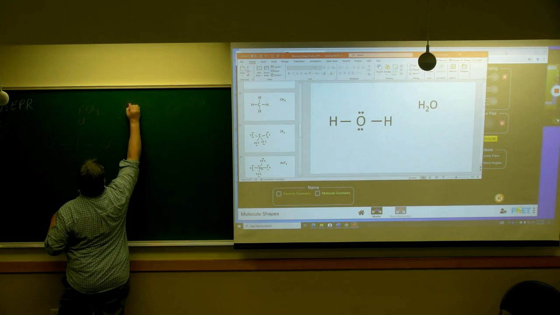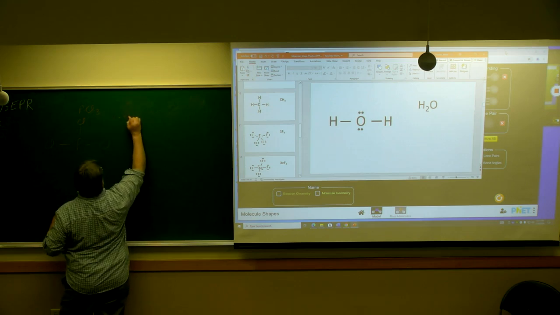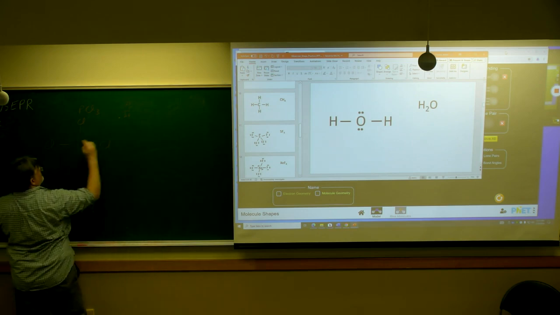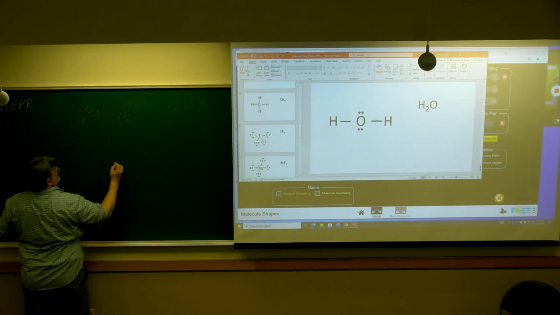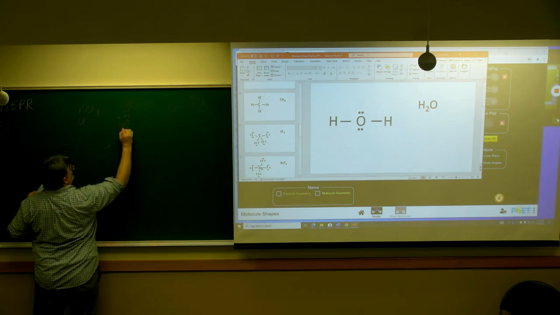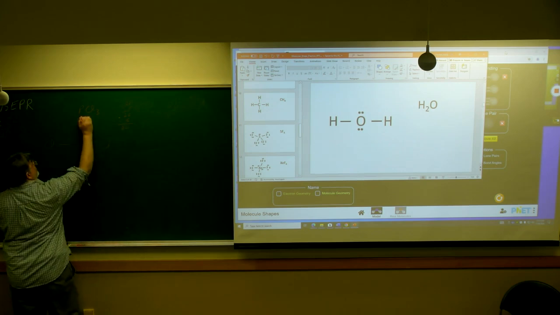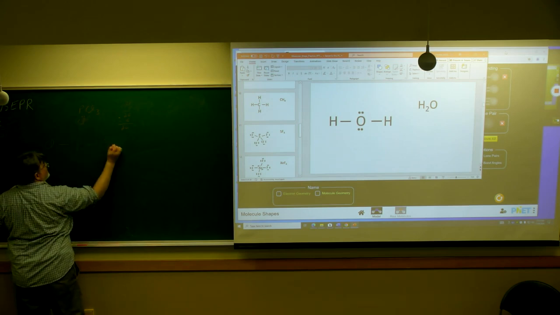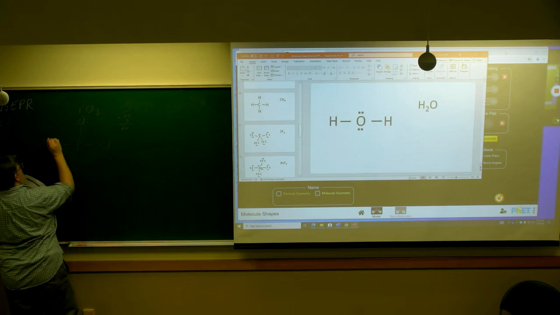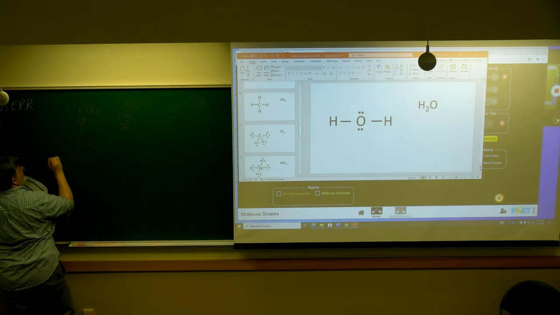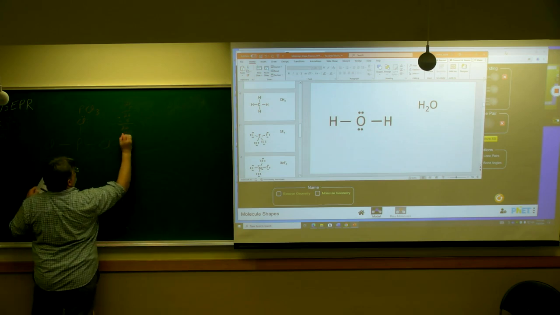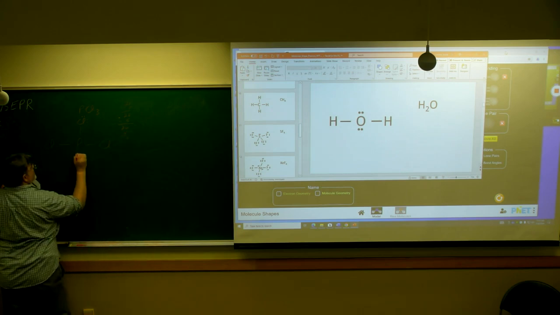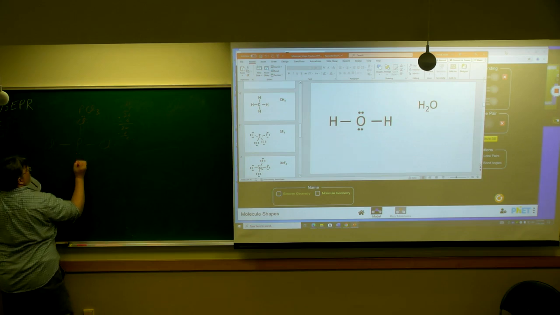You have 21 electrons from the chlorine plus 5 more from phosphorus, that's 26. Now we fill these in: 2, 4, 6, 8, 10, 12, 14, 16, 18. We still got 2 left. We'll put them in the middle. All right, so there's your Lewis structure.